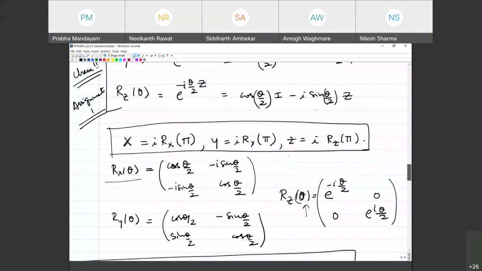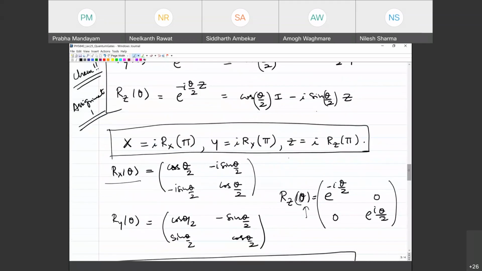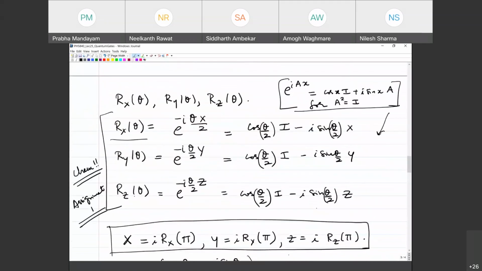If you manage to get high fidelity rotation gates for the Bloch sphere, then you pretty much have any single qubit unitary operation that you can deconstruct. So that's our first step towards making a universality statement. All right, so we stop here and I'll see you all tomorrow.